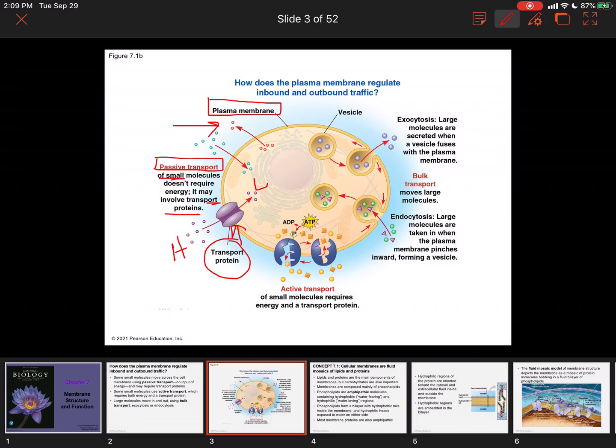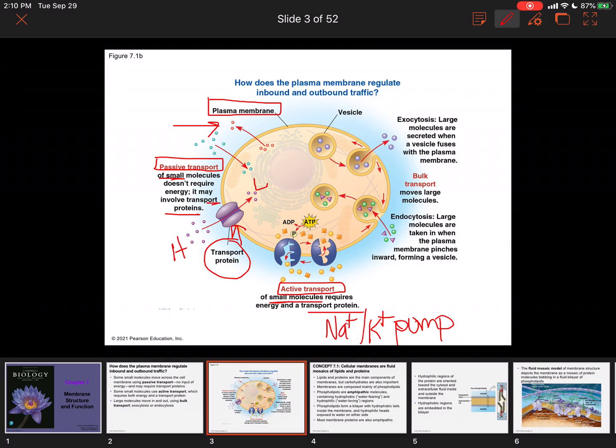With active transport, a cell could move small molecules this way, but they would have to use the transport protein, and we're going to talk about the sodium potassium pump. That will be an example of active transport, where energy from the cell will be required for that process to take place.